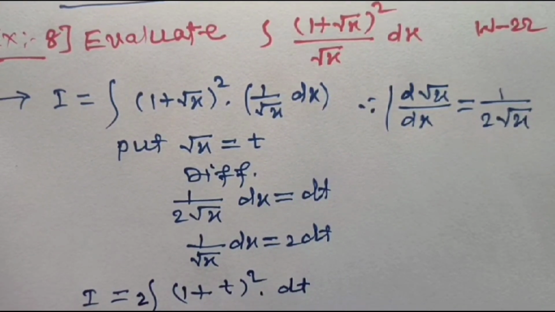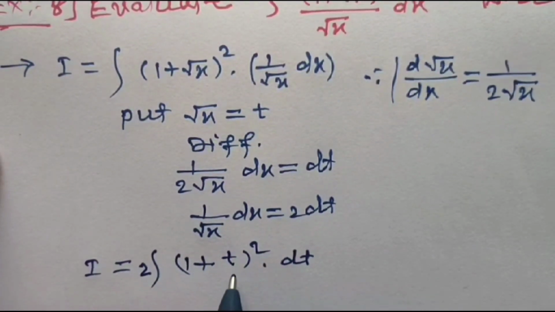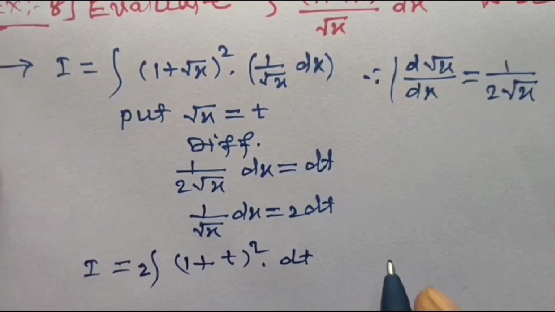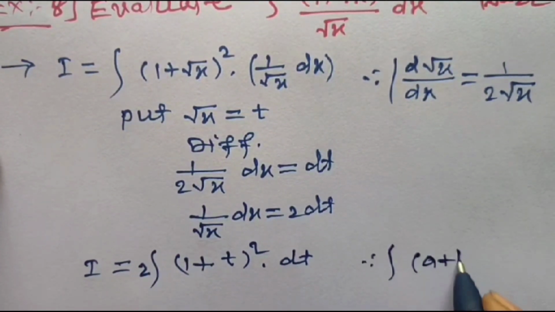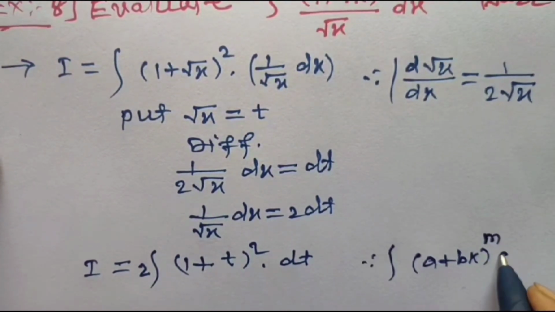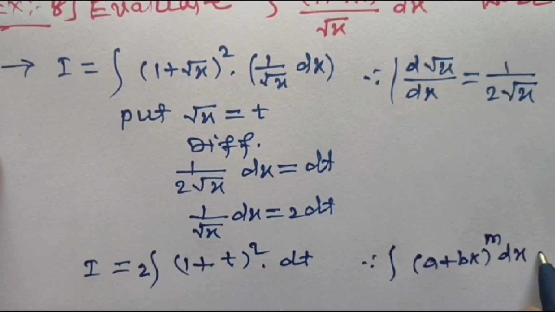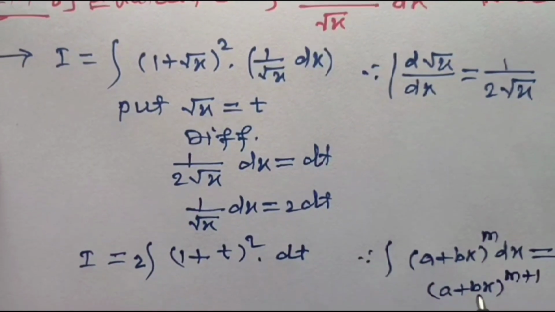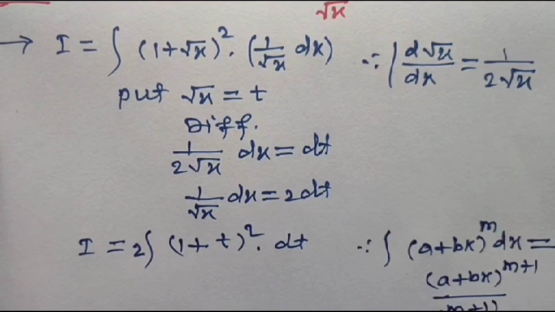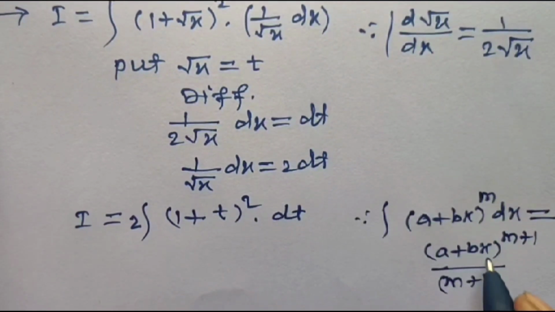You can take this 2 here. If you want, you can expand this 1 plus t to the power 2, or simply you can apply this formula also: the integral of a plus bx to the power m with respect to x is equal to a plus bx to the power m plus 1 divided by m plus 1 into the derivative of a plus bx with respect to x, that is b.